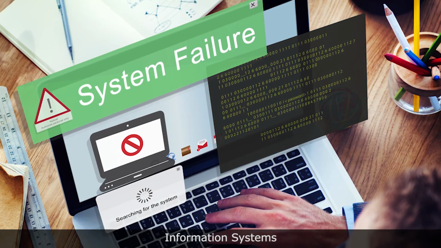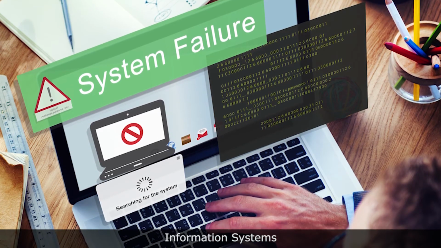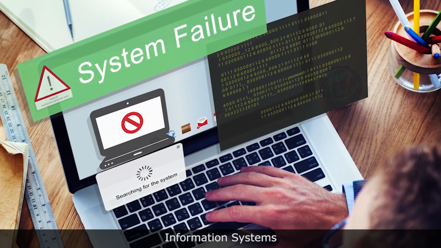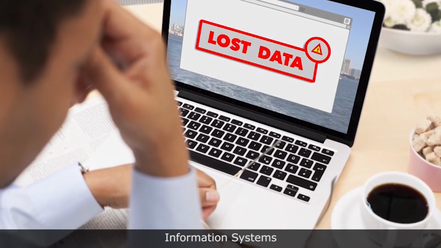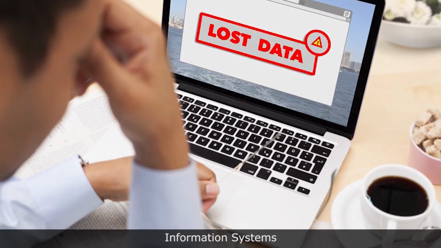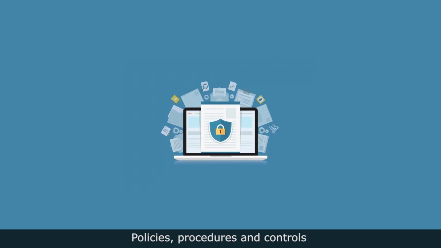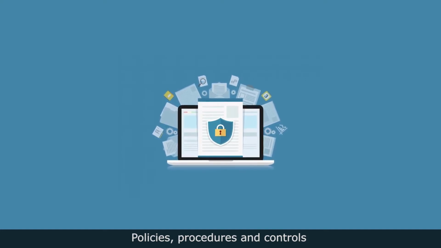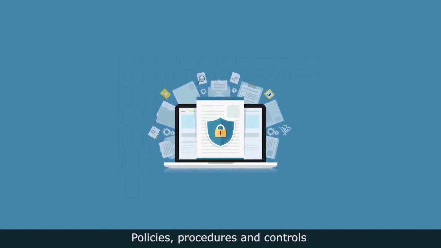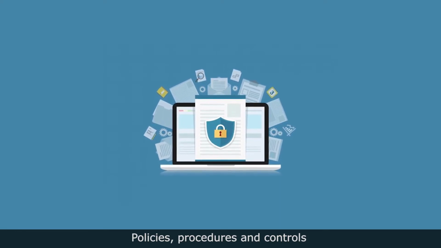We all know information is an important asset of an organization, and failing to realize the data value leads to a loss of data and security breach in information systems. Mostly policies, procedures and controls are used to enforce the protection of information systems and data.